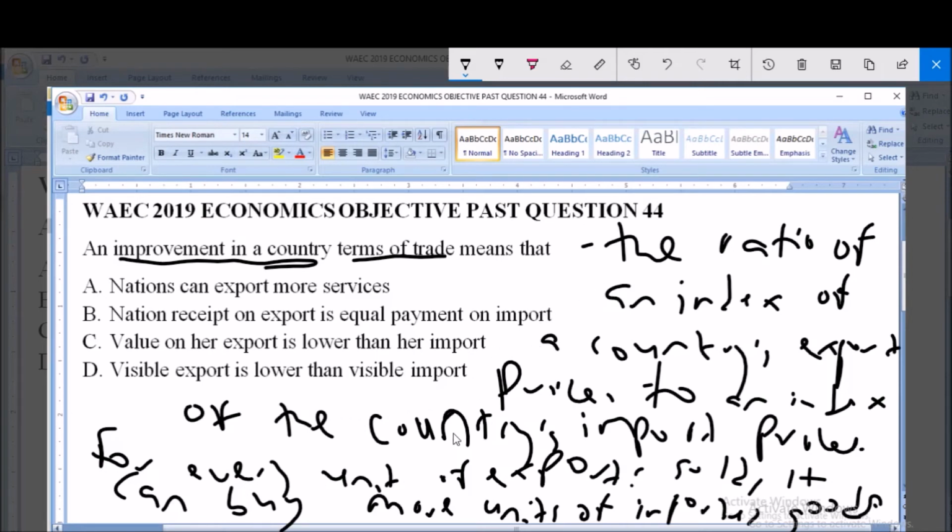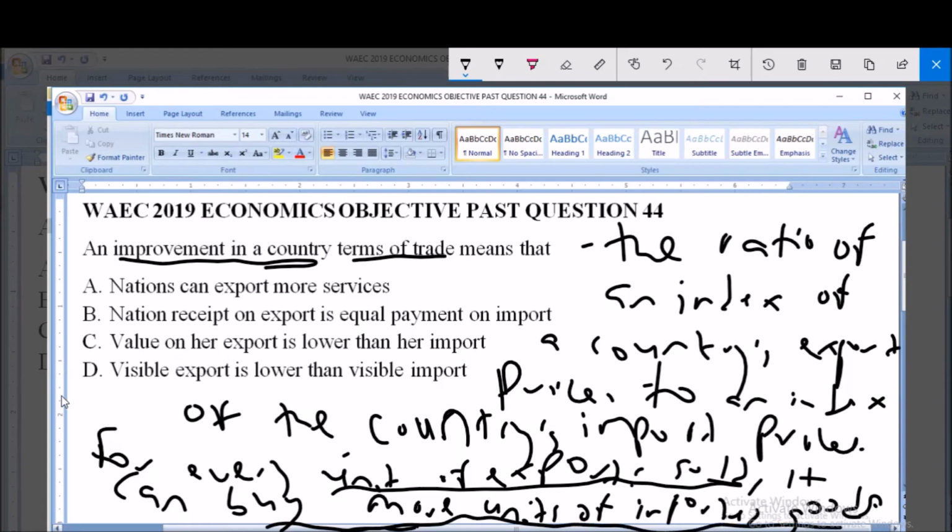So it means that for every unit of export sold by the country will make enough profit such that it can buy many more units of imported goods.